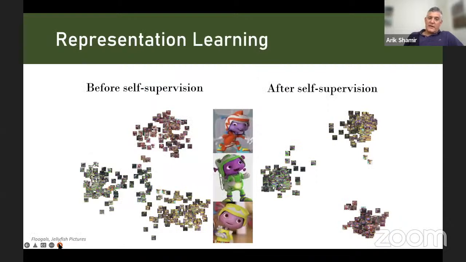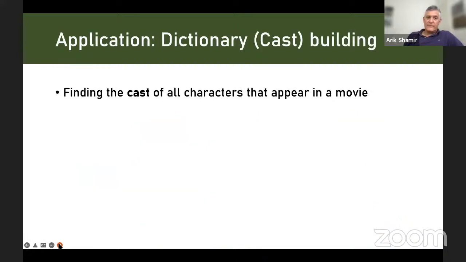So here you see examples of the representation before and after the self-supervision. These are three characters from an animation sequence. And as you can see, using t-SNE mapping, the candidates are clustered much better after you do the self-supervision and refine it for this specific animation sequence.